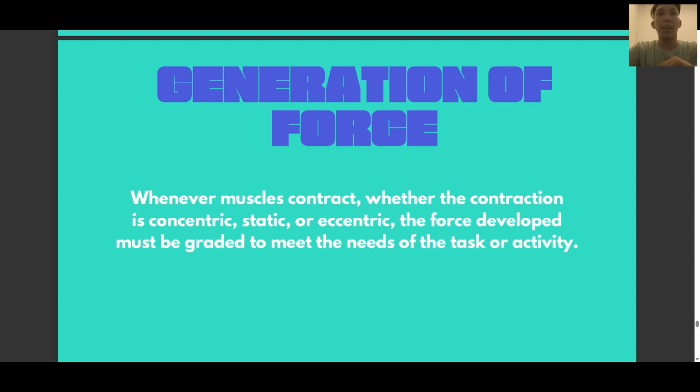Okay, so that is why the frequency of stimulation of our motor units, the size of our muscle, the muscle fiber types, our sarcomere, and the speed of contraction need to be considered for us to be able to generate the force needed for the task and activity.